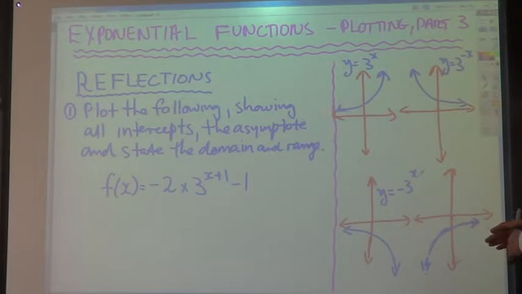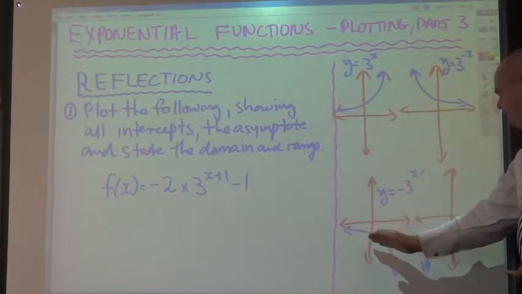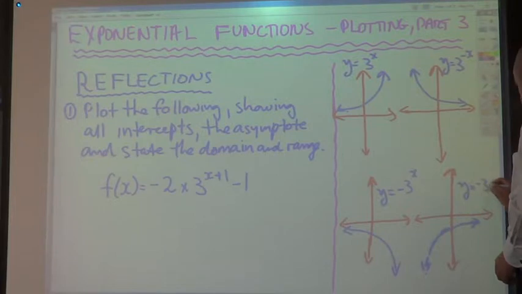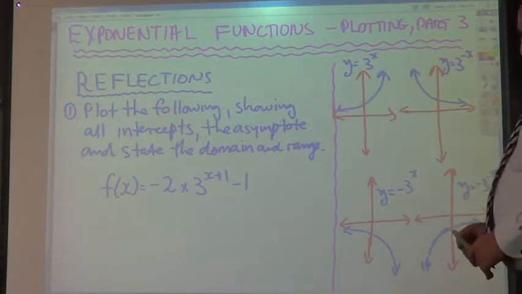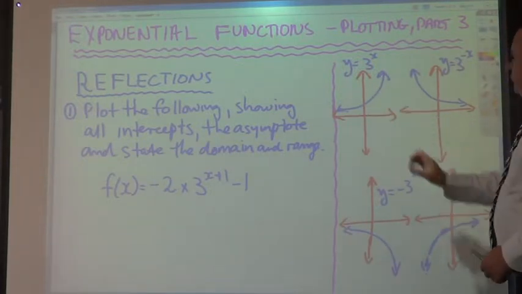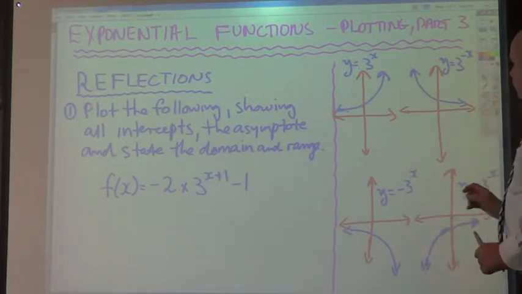Now this one is a combination of both. It's being reflected around the x-axis and then around the y-axis, so it stands to reason that this could be a possible equation for that plot. So I'd recommend that you memorise those 4 plots because they make the plotting of the graphs very easy.